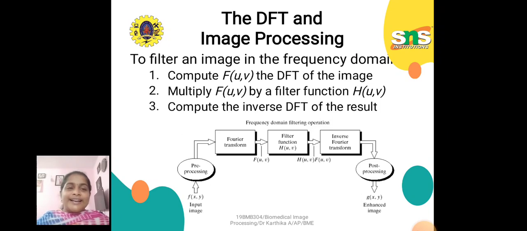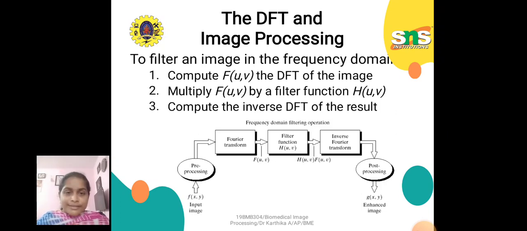Okay, and the DFT and image processing. What is the use of DFT in image processing? How do we relate DFT in image processing? Okay, first, to filter an image in the frequency domain, we use the DFT process. Because with the help of filters only, we can get the highly enhanced error-free output in the output side.